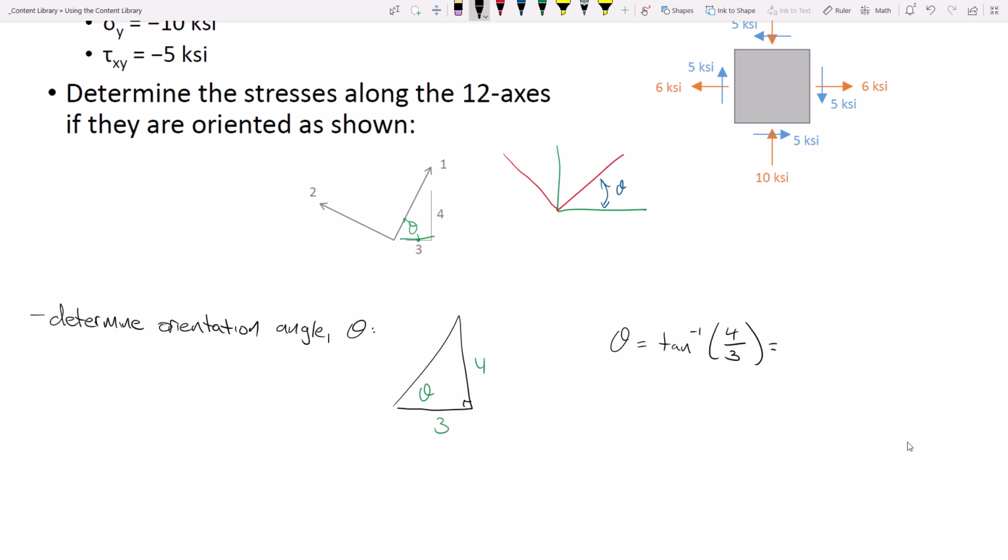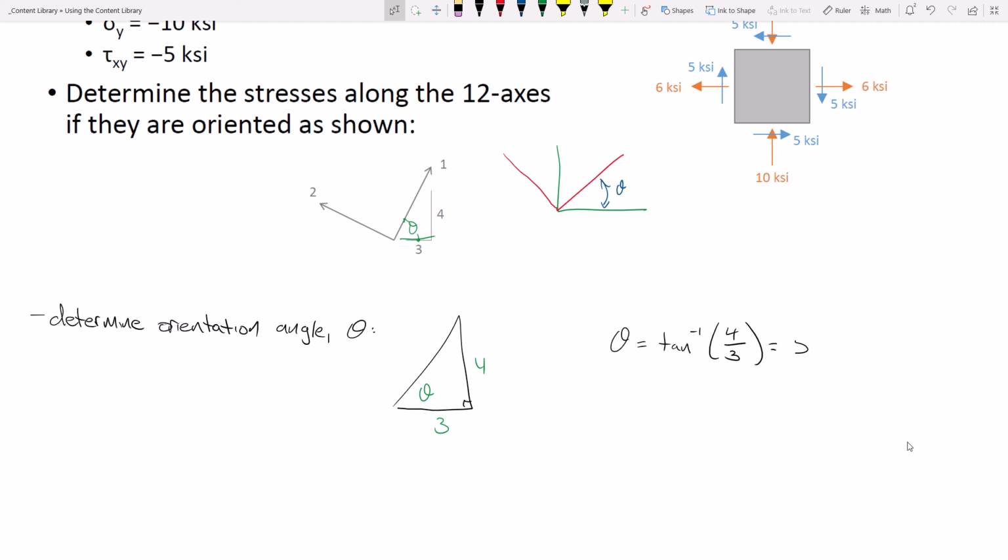We'll say 2 decimal places. I don't really care if you do degrees or radians, but I think it's easier to deal with degrees with this. So 2 decimal places: 53.13.